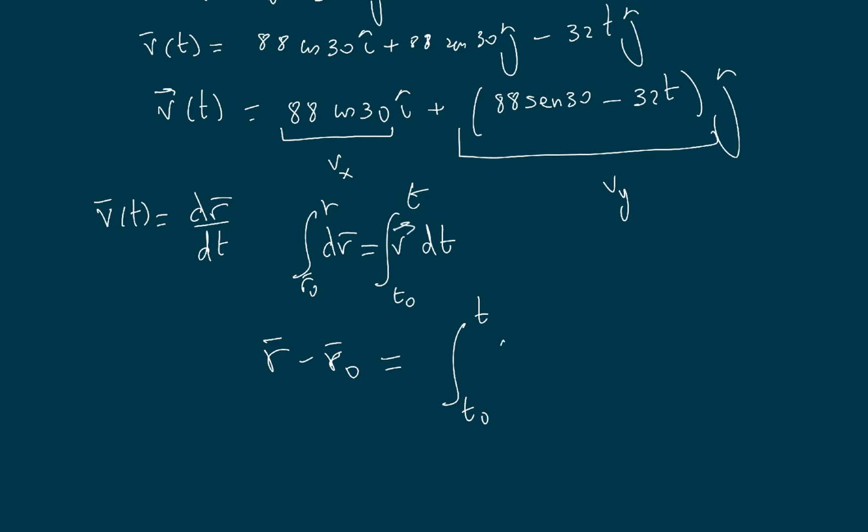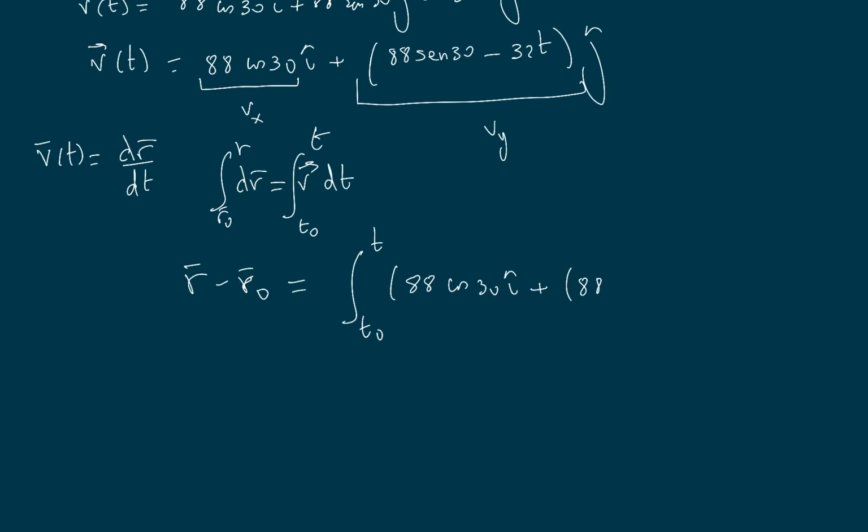The vector velocity v is 88 cosine of 30 i plus 88 sine of 30 minus 32 times t in the j direction, dt.